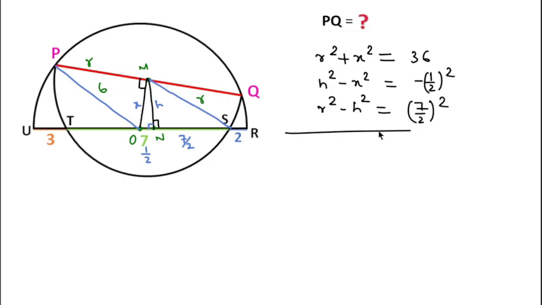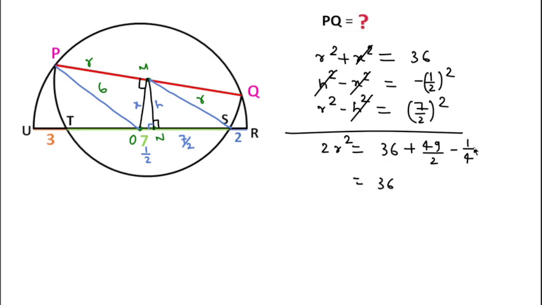If we add all three equations, then we can write this to get cancelled, this 2, that is 2R square equal to 36, and this becomes plus 49 over 2, and this is minus 1 over 4, then 36, and this becomes 48 over 4, which is equal to 12.